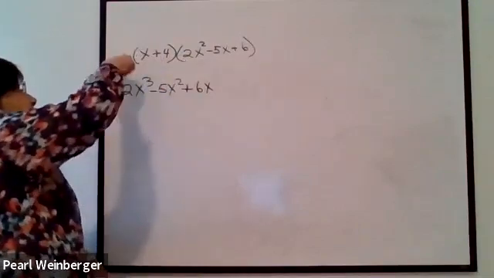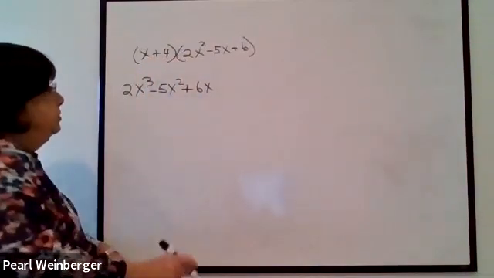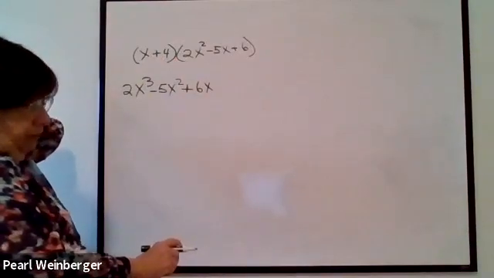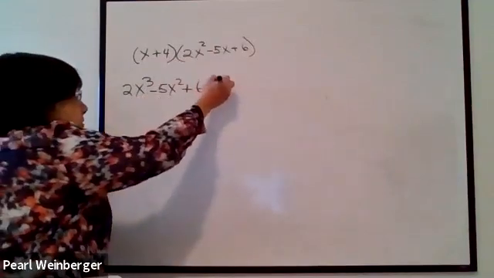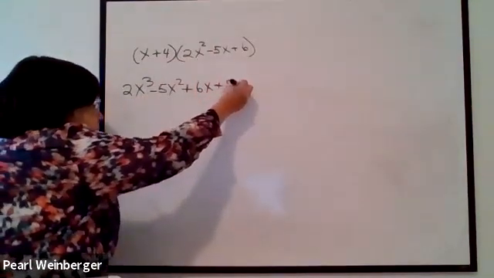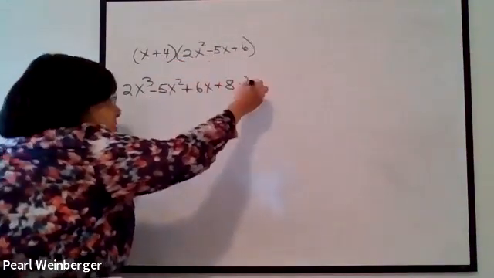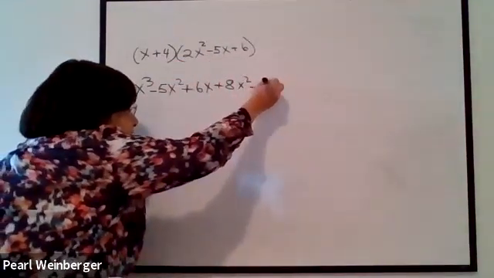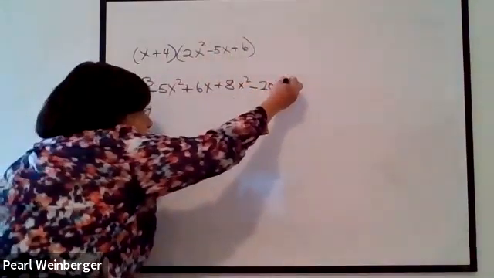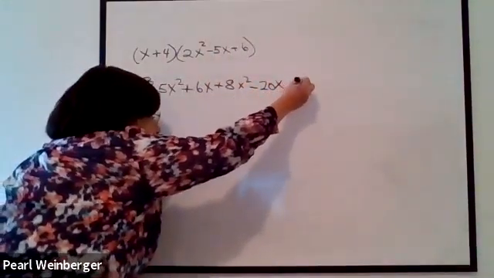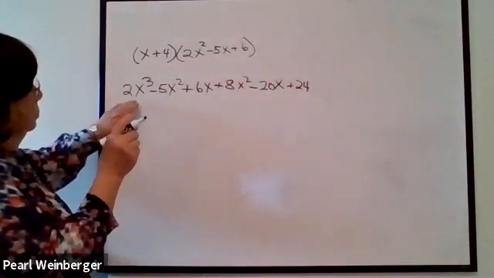So now we've finished multiplying everything by the x. We take the next term, positive 4, and multiply everything by it. 4 times 2x squared is positive 8x squared. 4 times negative 5x is negative 20x. And 4 times 6 is positive 24. Again, I look for my like terms.